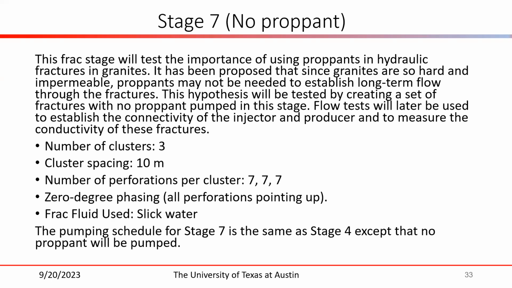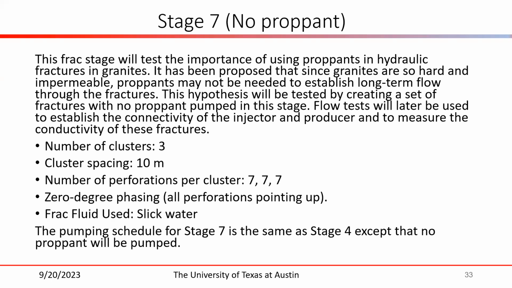Now, this doesn't seem to be the case in the stages that have already been pumped without proppant. They seem to have poor conductivity, and so circulating fluid between the 16A and the 16B wells has not been as easy as we had hoped.